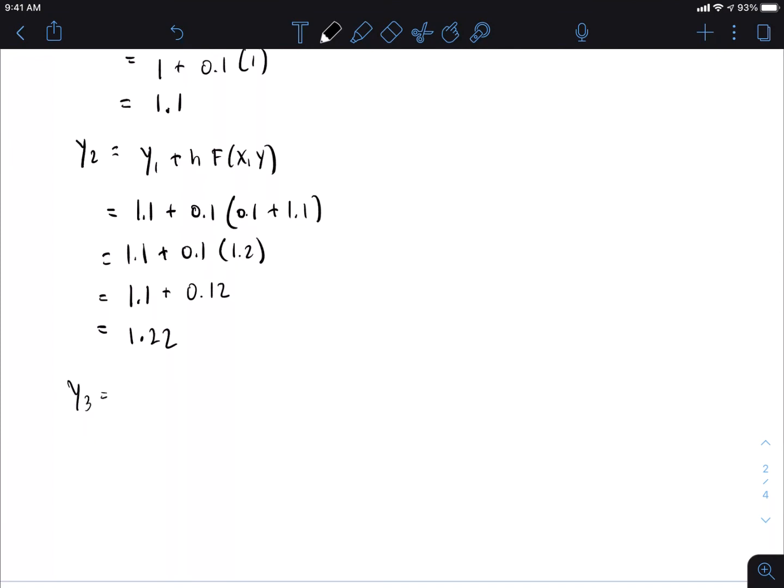So y of 3 is going to be 1.22 plus 0.1 times 0.2 plus 1.22, which is going to give me 1.22 plus 0.1 times 1.42, which will then give me 1.362.